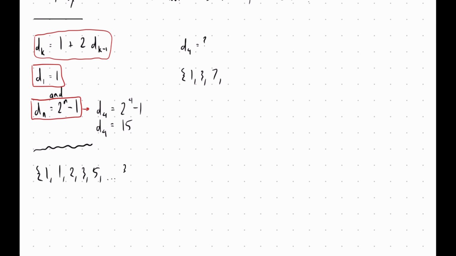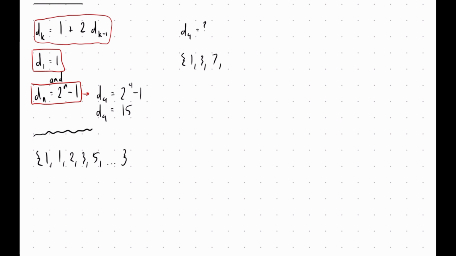Now, I want the 12th Fibonacci. If you want the 12th Fibonacci, right now you're going to have to go through the recursion because we do not have the formula for the Fibonacci's. Oh, go ahead.